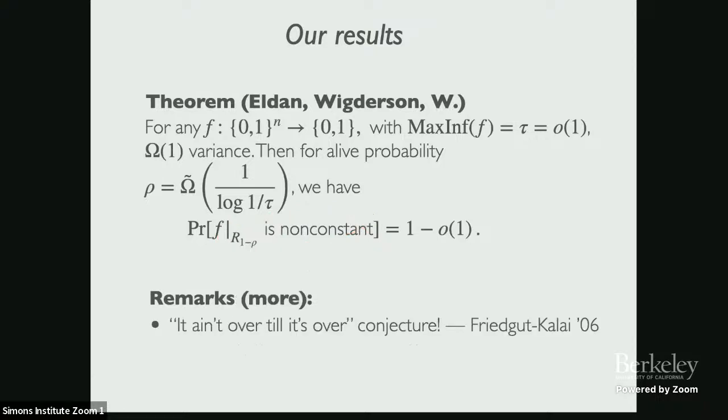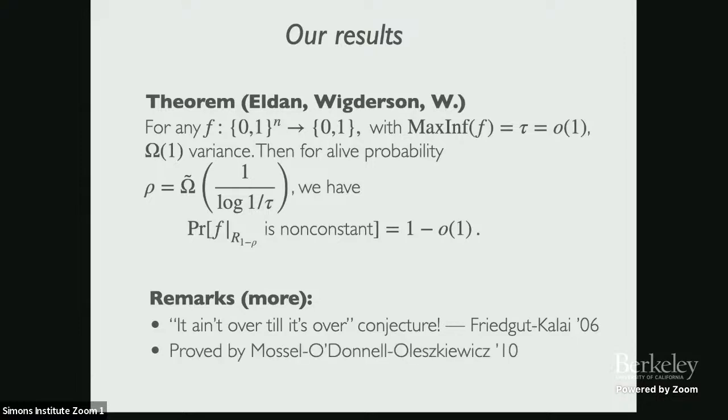More comments: this very cool name, it n over till it's over, was actually contributed by Friedgut and Kalai. In the study of social choice theory, we will see this application later. They were interested in the case where the allowed probability is a very small constant. Here we definitely go beyond that; we can be a little o(1).